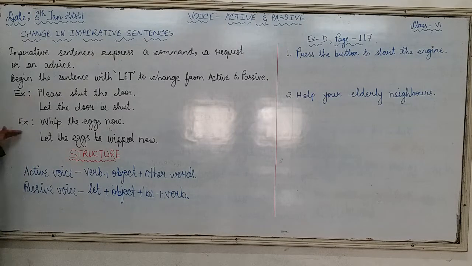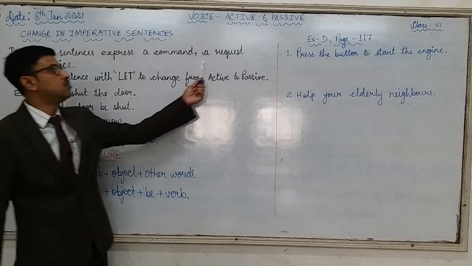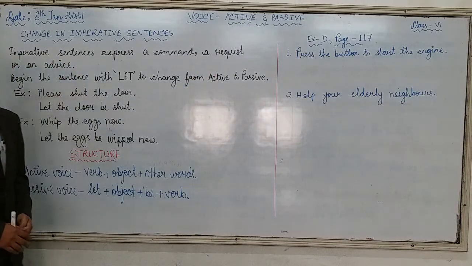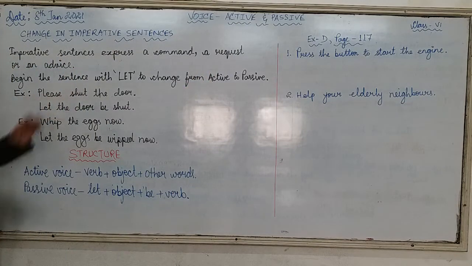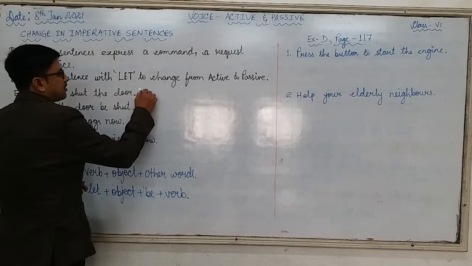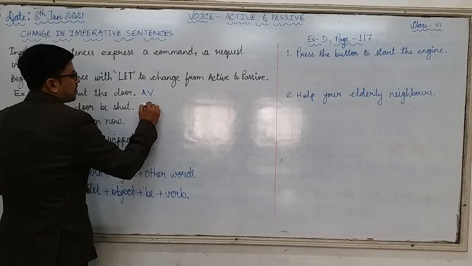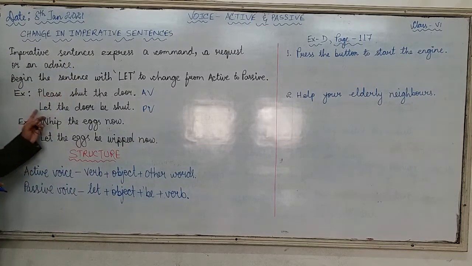I have put two examples for you. Please shut the door. The moment we use please, it is considered to be a request. This is active voice, and when we change it into passive voice, it becomes: let the door be shut.